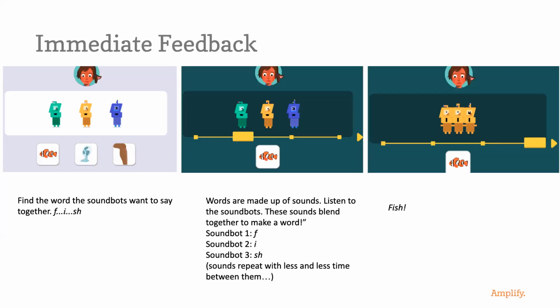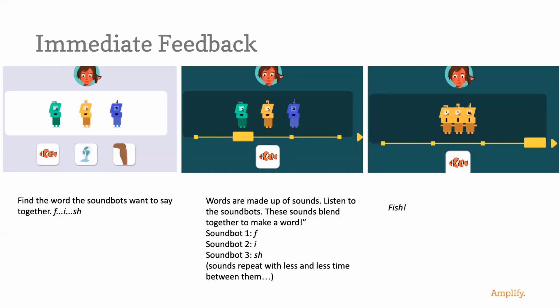So after the first incorrect answer, students are given immediate feedback. They're prompted to try again and hear the individual sounds again. If they're still struggling, so after the second time incorrect, they're actually placed in sort of a different loop. They're provided with more intensive scaffolding. Students are shown this screen in which they're shown that you can blend the sounds together to make the word.